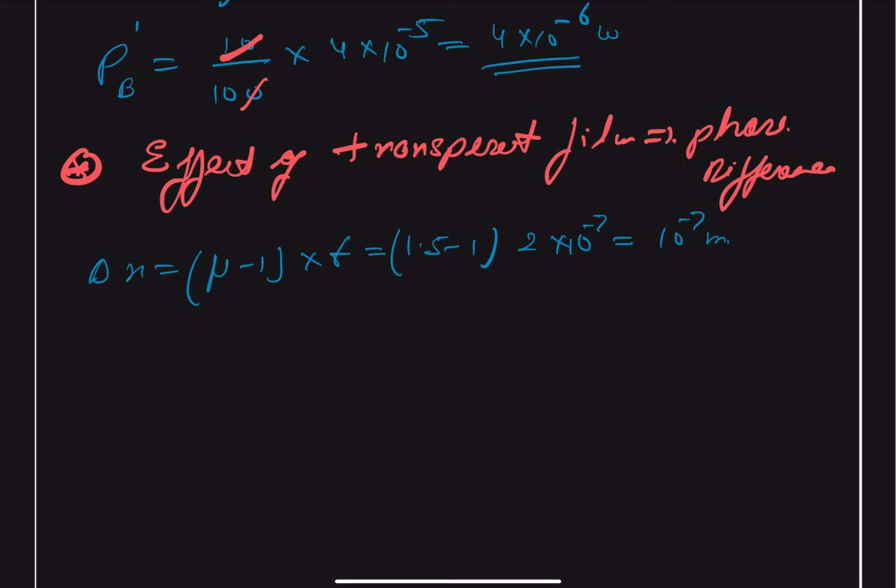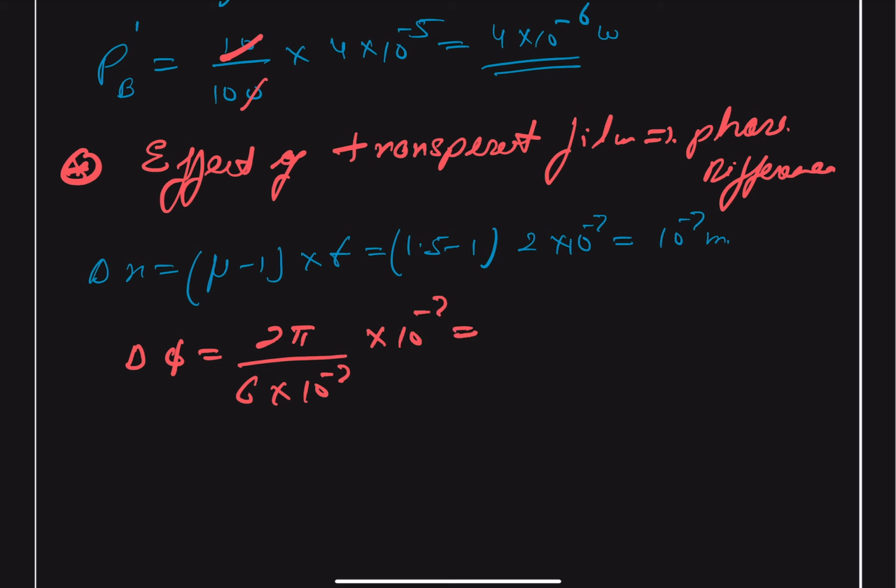Therefore, we can write that the phase difference delta phi will be equal to 2 pi, and we have this 6 into 10 to the power minus 7, which was the wavelength, and multiply by 10 to the power minus 7.